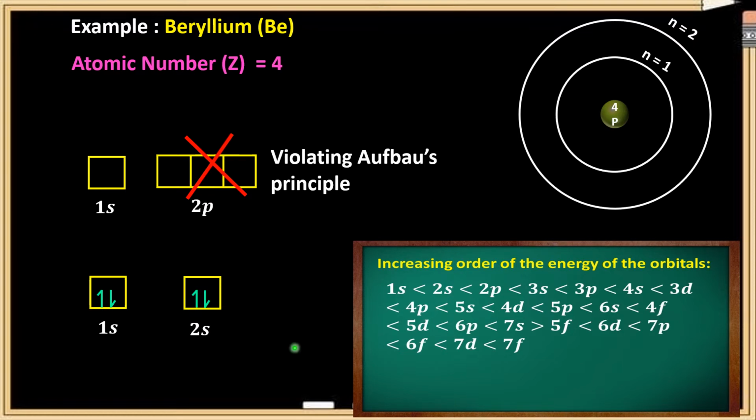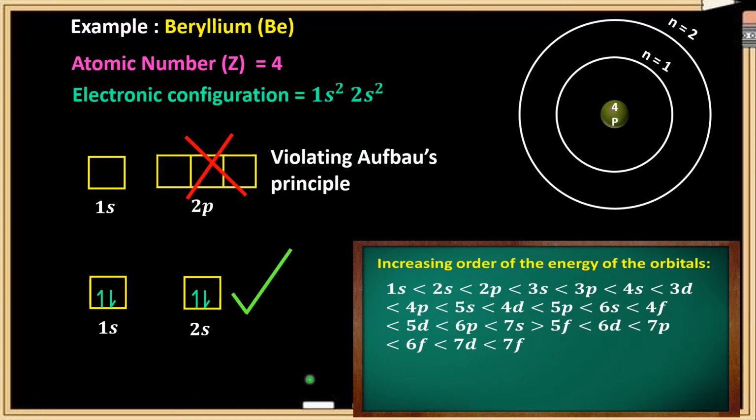Previously it was violating Aufbau principle. Now it is correct. So the electronic configuration of beryllium is 1s2 2s2, that is in 1s there are 2 electrons and in 2s there are 2 electrons.